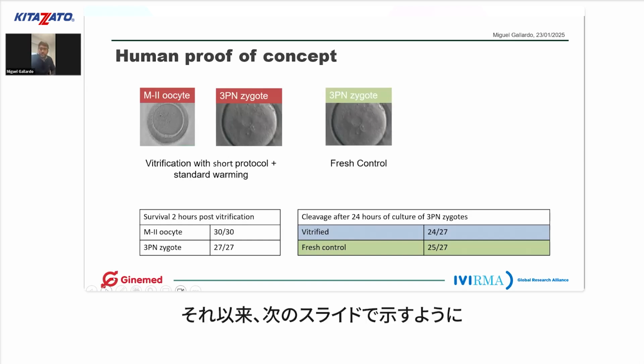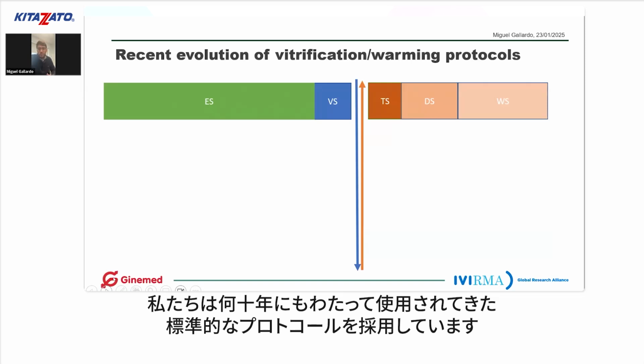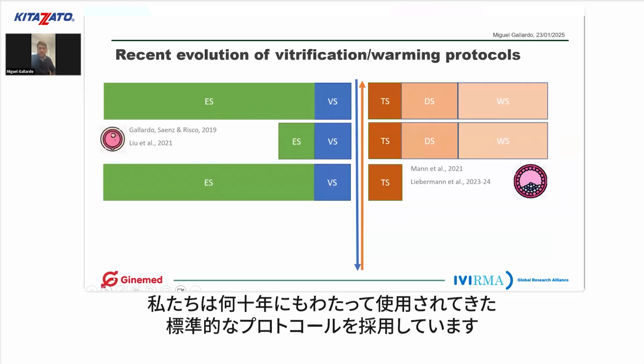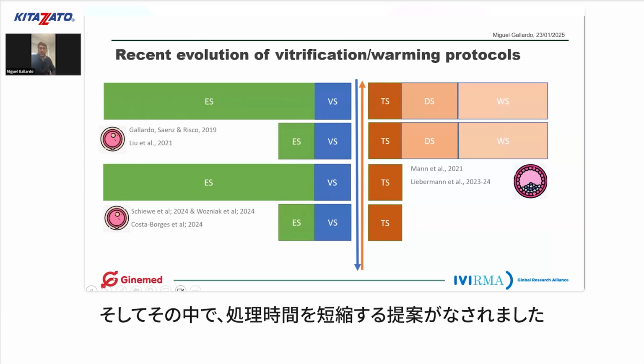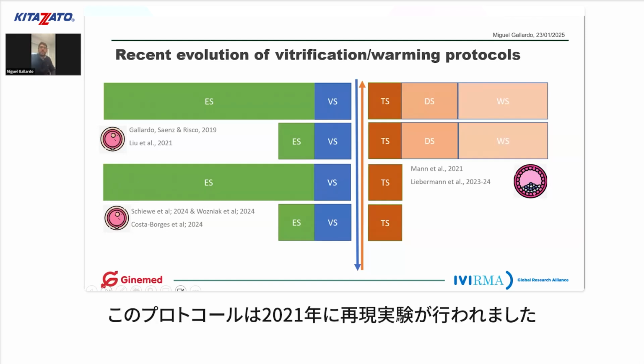2018. So since then, if we go to the next slide, we'll see that we had the standard protocol that has been used for decades. Then there was this proposal to shorten the time of equilibration. It was replicated in 2021.